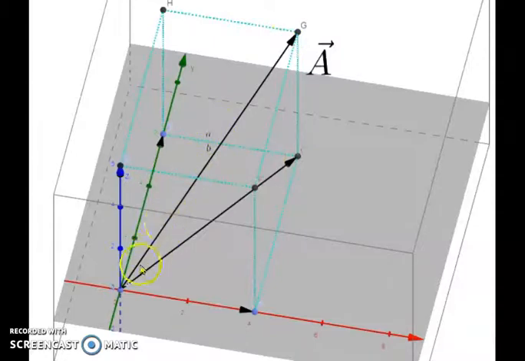For this vector A, the components are, okay, this one, right? Another component for y is this, and the z component is up to 6.